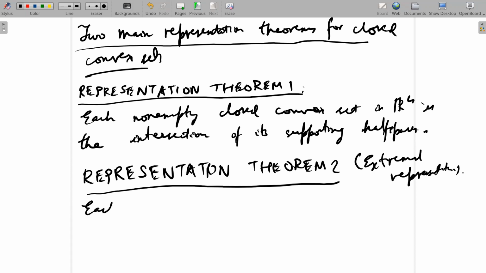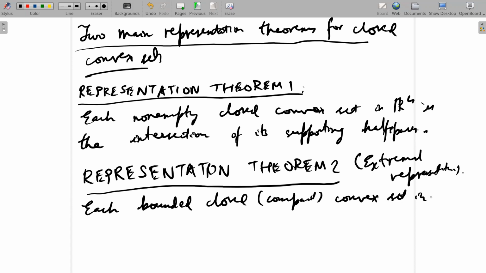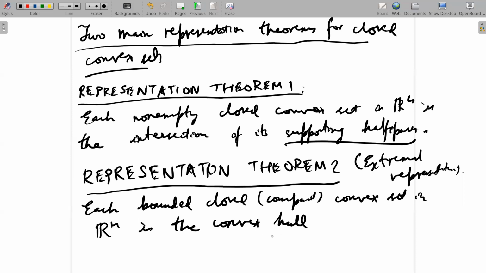Each bounded closed convex set, or you can say compact convex set, in Rn is the convex hull of its extreme points. So there is a way to define it using linear equalities and inequalities, that is, supporting half spaces, and there is a way to define it using the convex hull of certain points known as extreme points.